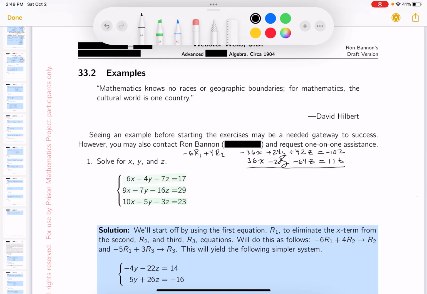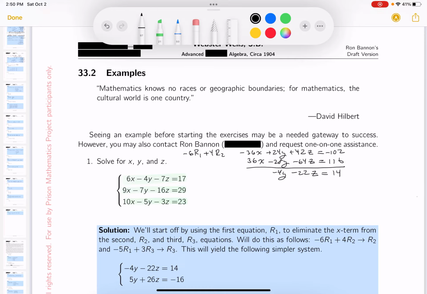All right, this is a typical technique we did in a prior section. And what do you get there? You get minus 4y, and then I guess it's minus 22z. And then 116 minus 102 is 14.